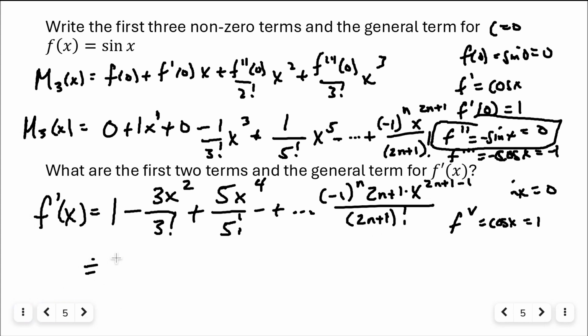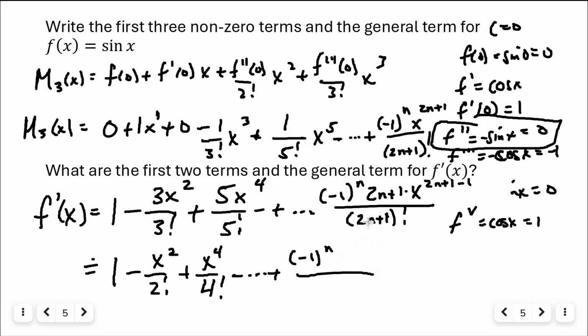Okay, so that's going to be 1 minus, I can drop the 3 out of 3 factorial. It'll give me x squared over 2 factorial now. 5 out of 5 factorial will give me 4 factorial underneath, x to the fourth up top, minus, plus, negative 1 to the n, 2n plus 1 drops out of the 2n plus 1 factorial, gives me 2n factorial, and then 2n plus 1 minus 1 is x to the 2n.